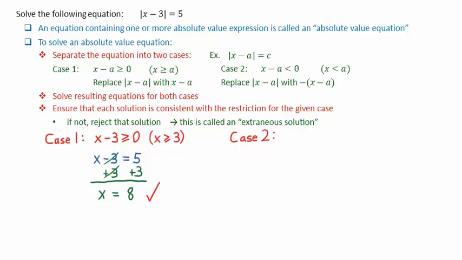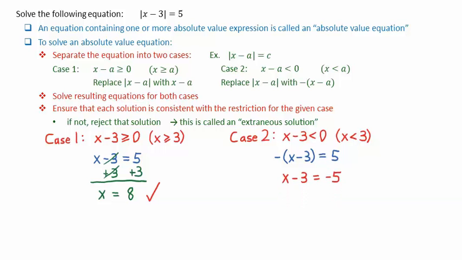For case 2, this corresponds to x minus 3, the expression inside the absolute value, being negative. This then corresponds to x less than 3. For this case, we'll change the equation to negative (x minus 3) equals 5.